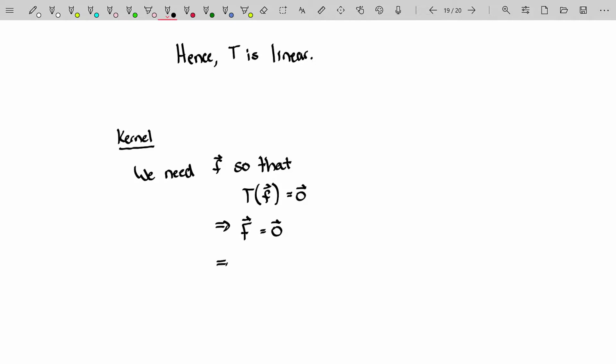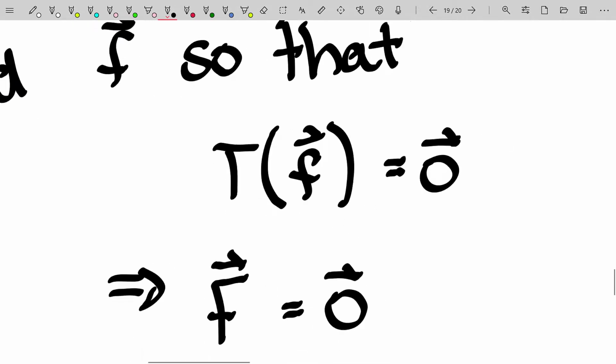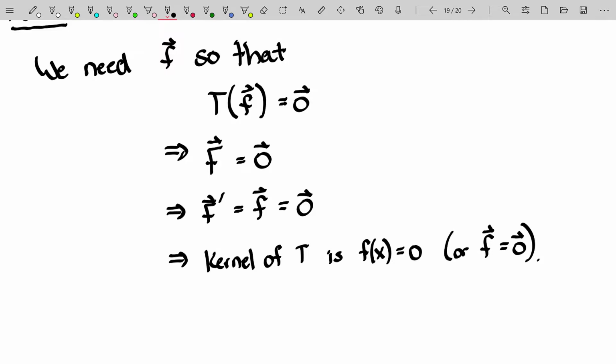Well, if you take the derivative of both sides, you get that little f therefore has to be 0, because the derivative of 0 is 0, which implies the only vectors that we can plug in this transformation to become the 0 vector, or the 0 function, are the vectors that are always identically 0. That is, the only function that satisfies this is the 0 function, which is the trivial kernel.